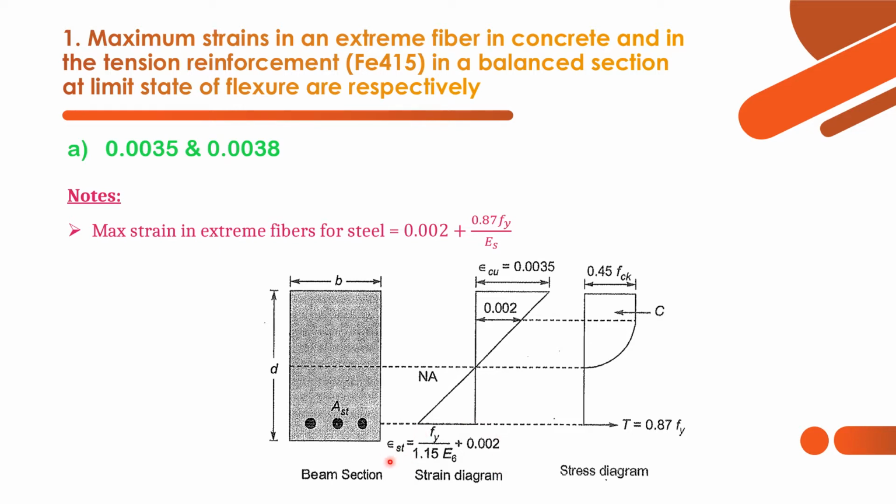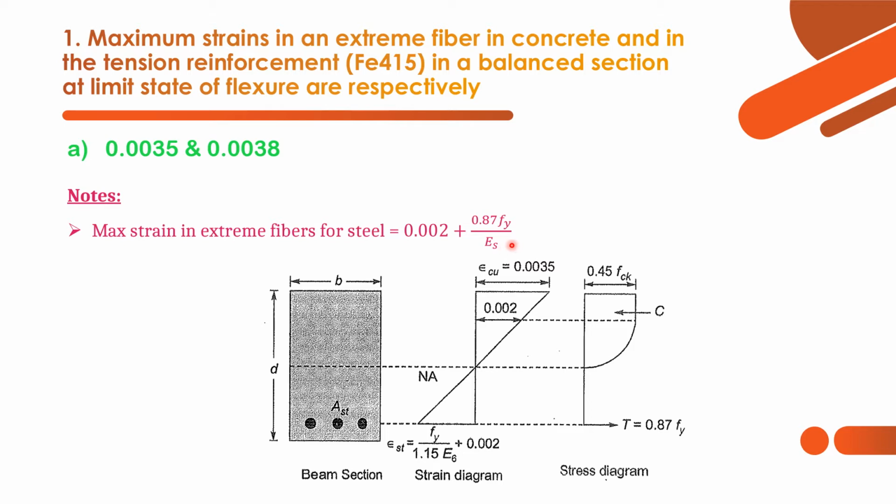The strain in extreme fiber of tension reinforcement is given by fy by 1.15 Es plus 0.002, or we can say 0.002 plus 0.87 fy by Es, since 1 by 1.15 is equal to 0.87. So 0.87 into 415 divided by Es. What is Es here? Es is Young's modulus of steel, that is 2 into 10 power 5.